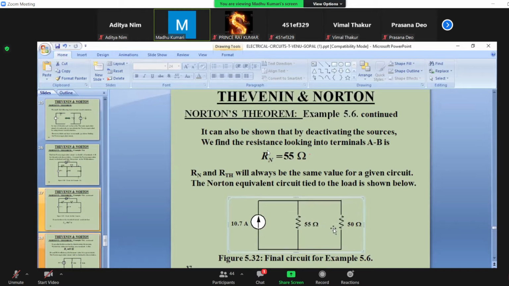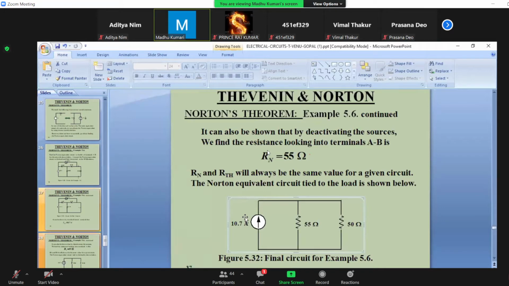To find the current across 50 ohm, take the other branch resistance: 50 upon 50 plus 55 into the main current, that is 10.7. That will give the current across the 50 ohm resistance.